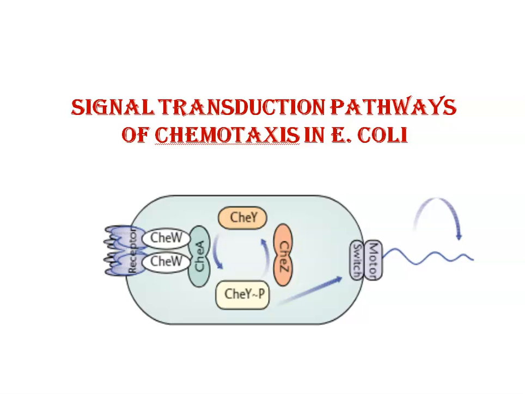For example, in the case of E. coli, you can see here, the receptors are clustered at the bacterial poles, right? Whereas the flagella are randomly distributed around the cells. This prevents direct interaction between the receptors and the flagella, and the communication between them is carried out by a sophisticated signal transduction system, which belongs to the large family of two-component regulatory systems.